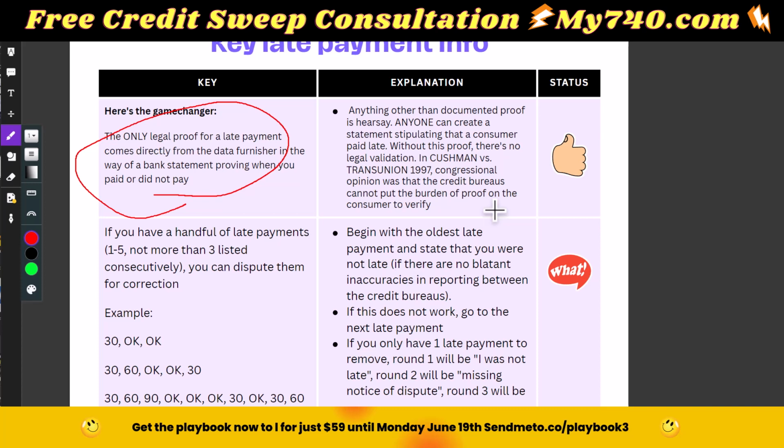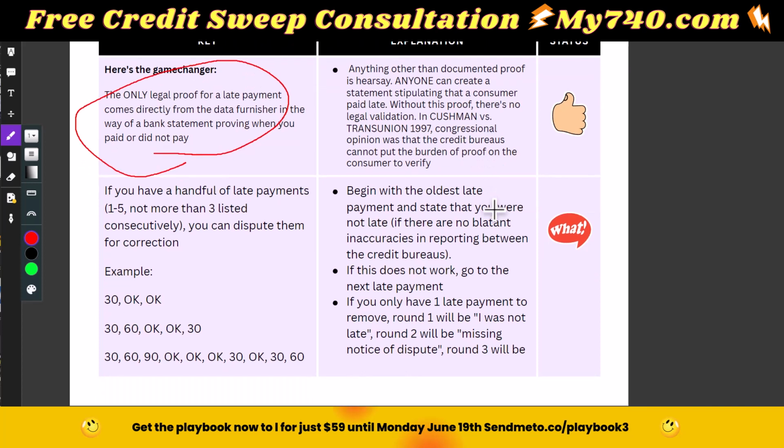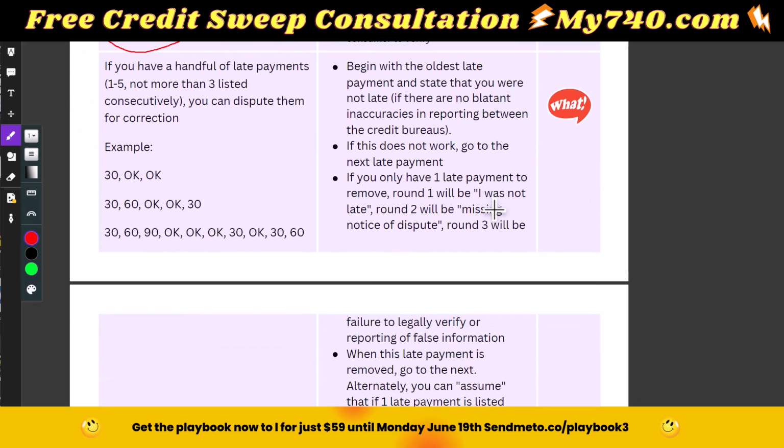That is why that is the only legal validation. And if there were a lawsuit, they would actually have to provide this documentation during the discovery process. So they can say what they want, but they have to legally verify. And that is the only way.